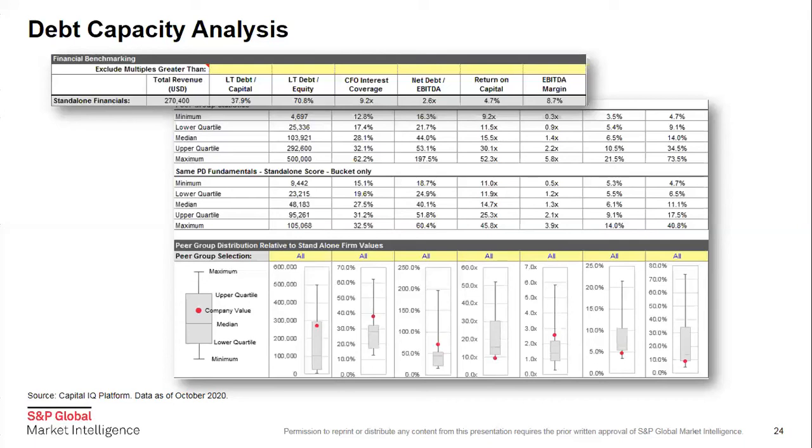Here it looks like we have a little bit of work to do, although being above or outside of some of these may be a positive depending on the ratio itself.